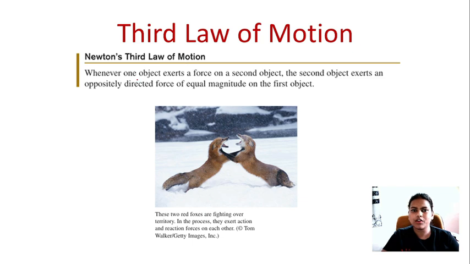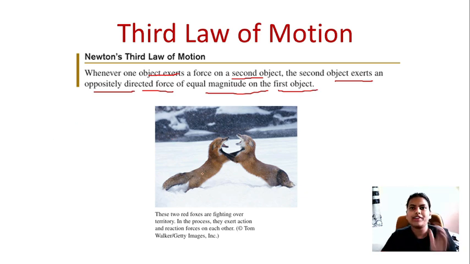Newton's third law of motion says that whenever one object exerts a force on a second object, the second object also exerts an oppositely directed force, equal in magnitude, on the first object. So Newton's third law says that every action has an equal and opposite reaction.